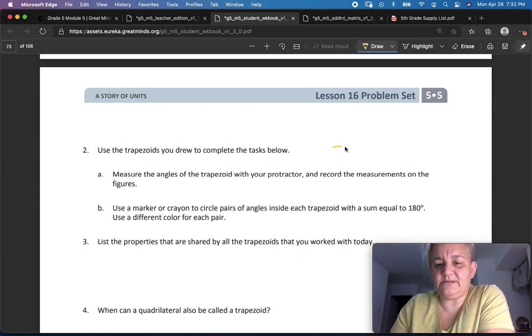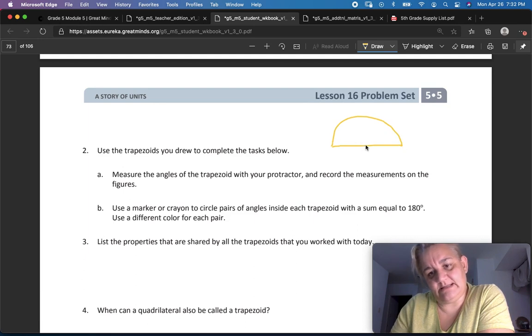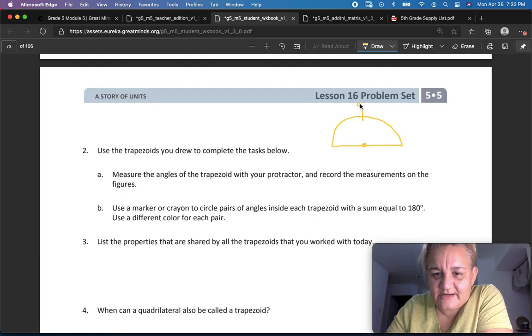A protractor looks like this. Okay, and it has a spot there. And here it has all of the angles marked. So that's 90, and this is 180, and this is 0. And if you measure here, that's a 45-degree angle.